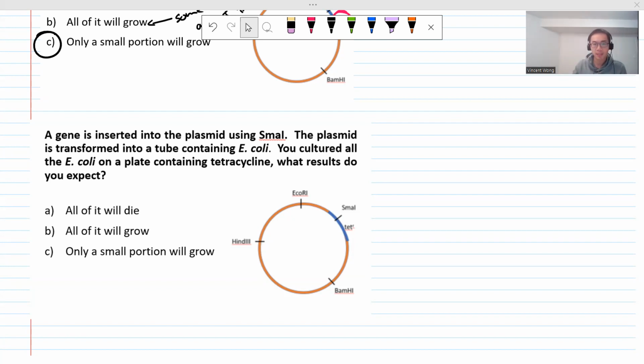Same plasmid, same conditions. Do you think they will grow, or do you think they will die, or like only some will grow? What's going on? What do you think?